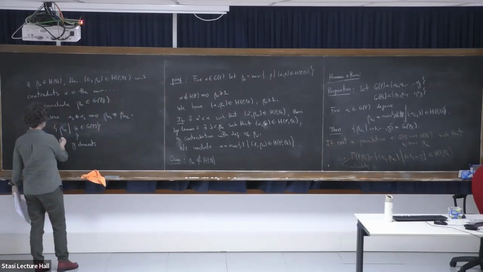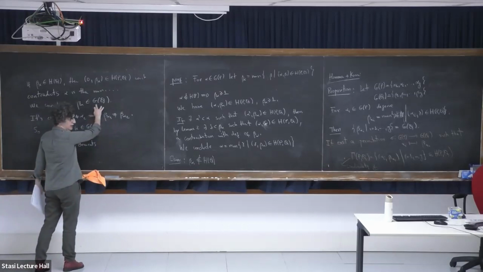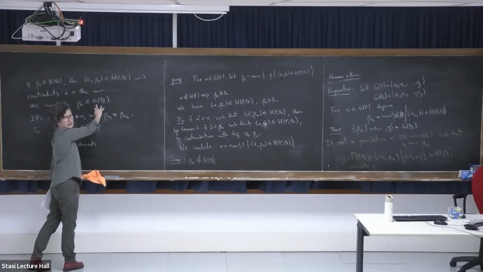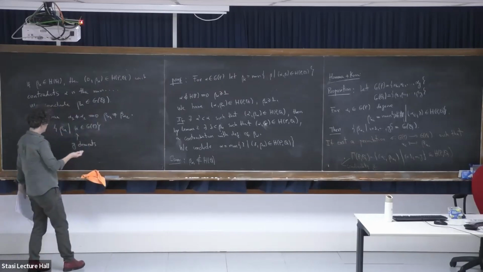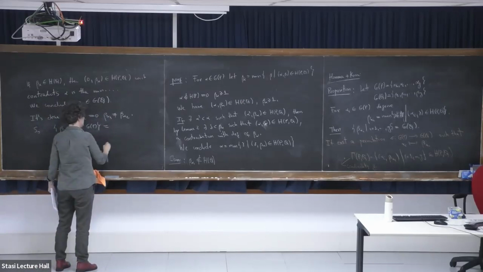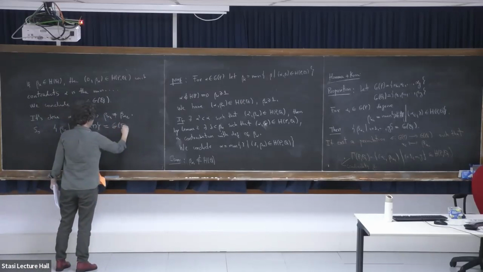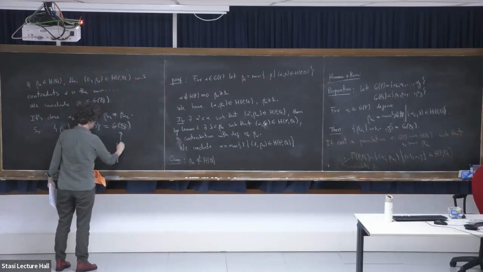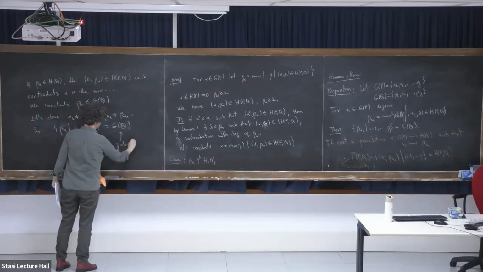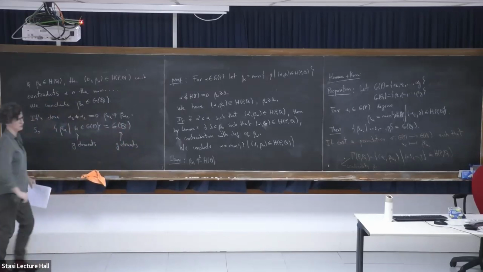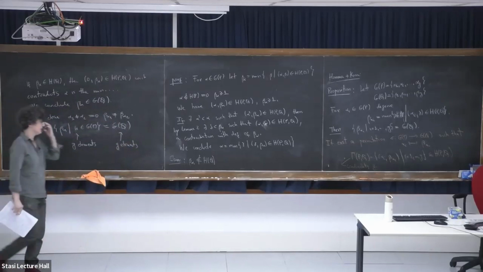We proved that this set was contained in this set, and this set also has cardinality G, so they have to be equal. Okay, and this is done.